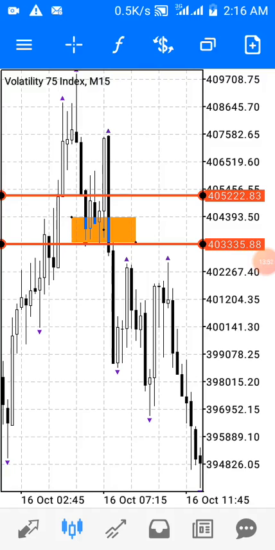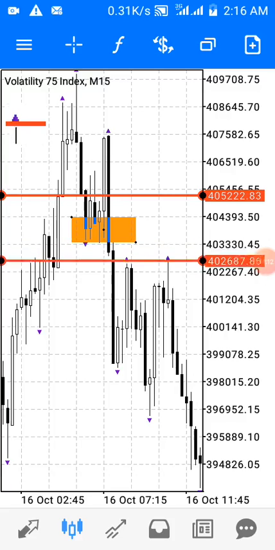So this strategy will help you. But if the price continues to go up and down at a particular point for a much longer period, then this strategy will be of disadvantage.